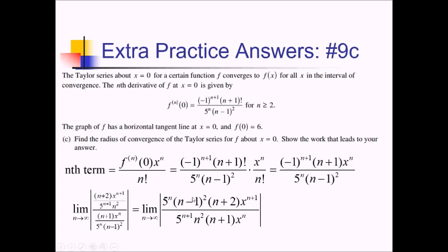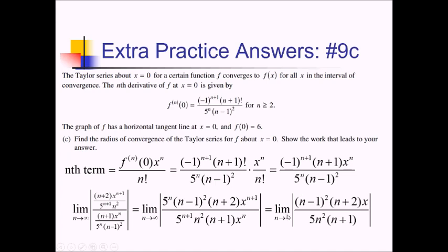Not much we can do for all these terms with the n's, but the x to the n plus 1 and the x to the n can cancel, leaving me with just x upstairs. We have just n minus 1 squared, n plus 2, and x in the numerator. And in the denominator, we have a 5, an n squared, an n plus 1, and that's it.